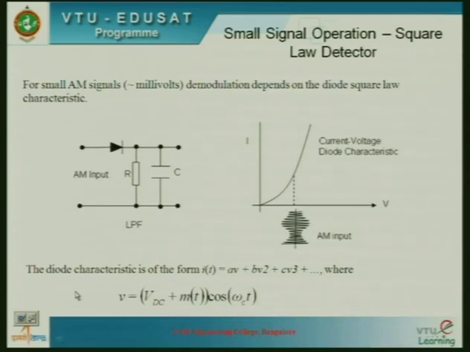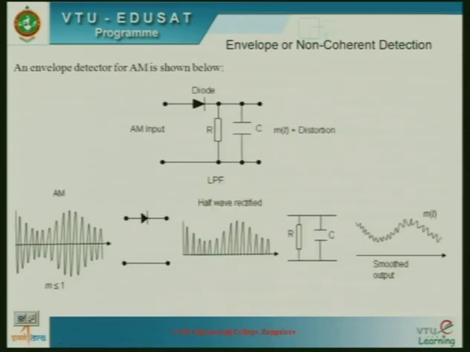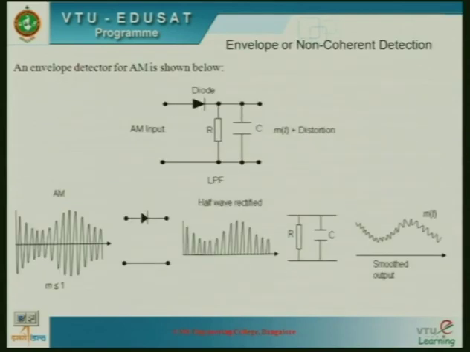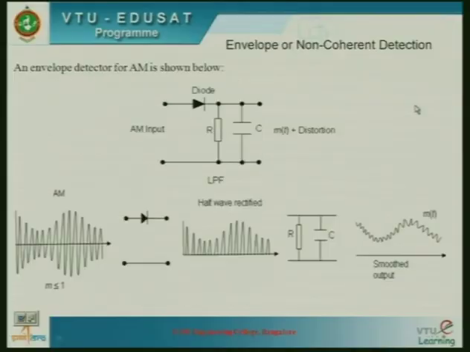As I was trying to mention, there are two kinds of detectors that we are going to discuss: the envelope detector and the synchronous detector. Now whatever we discussed right now is the concept of envelope detection.